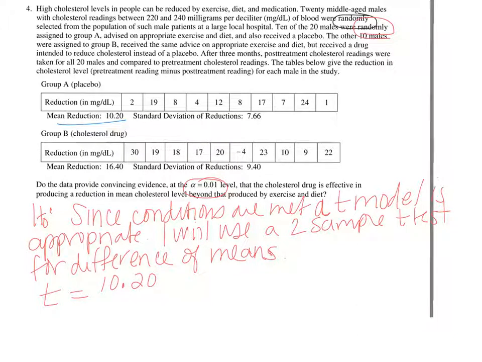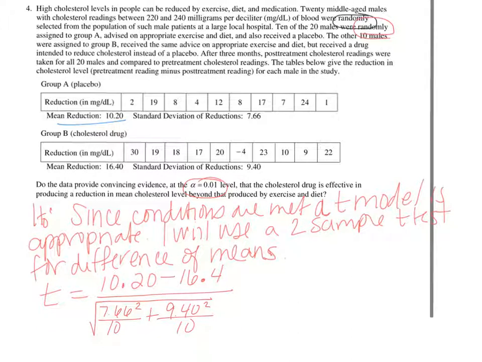Our t here, 10.02 minus the 16.4, or 0.4, in our hypotheses, and then divided by our standard error, which is going to be 7.66 squared over 10 plus 9.40 squared over 10. And that's going to give us our t-score.